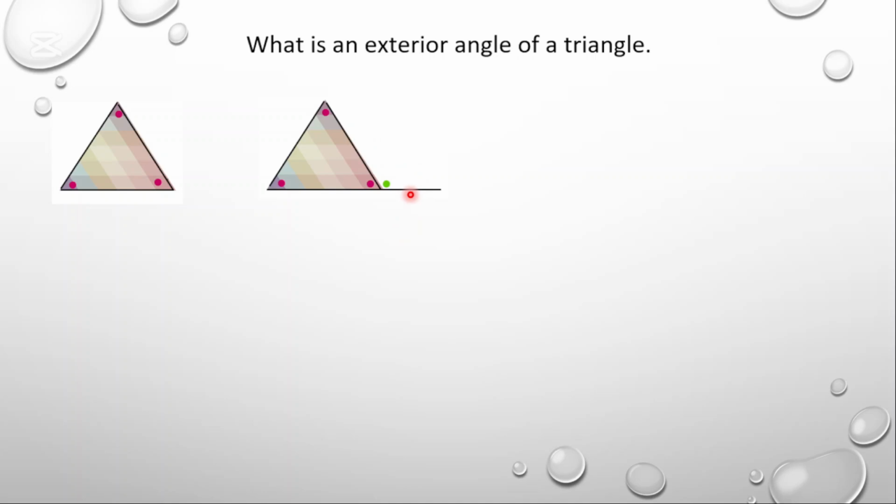Right, so if I take another example and I extend this line, right, and I get my exterior angle and my interior angle is over here. Now you can see from your previous knowledge that the exterior angle and the interior angle over here, they are adjacent because they share the same vertex.